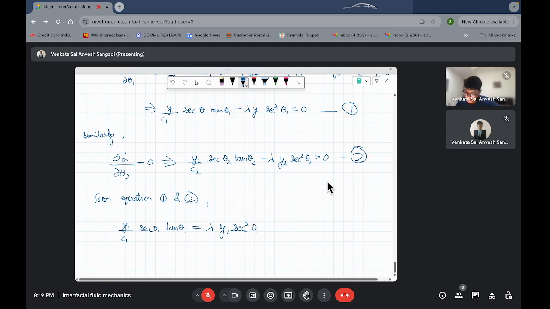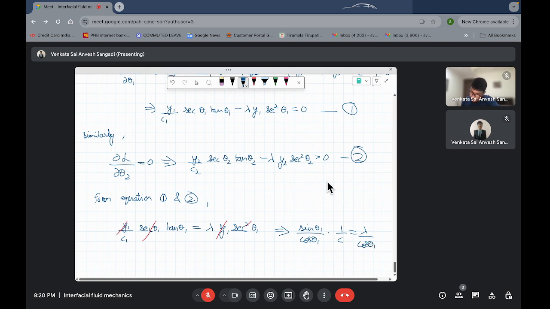So the y1 gets cancelled and one sec gets cancelled, and we have sin theta 1 by cos theta 1 into 1 by c1 is equal to lambda by cos theta 1.